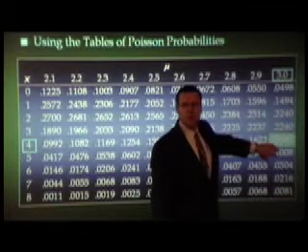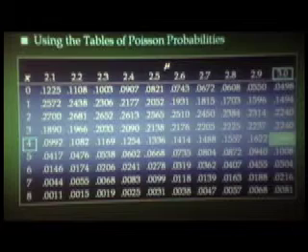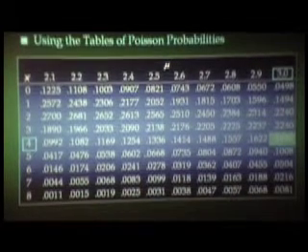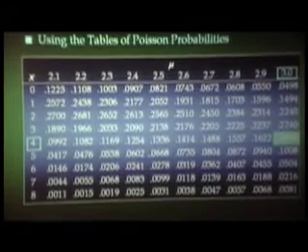Questions on how to read the table? Okay. I'm not going to provide you with a table. You're welcome to use them, but I usually end up making questions where you can't use the tables.